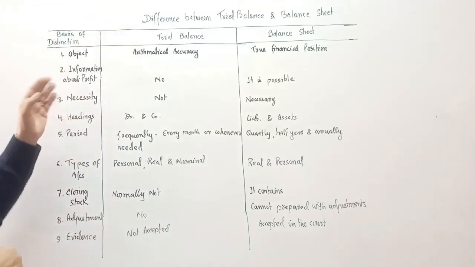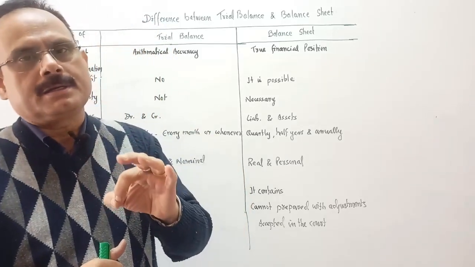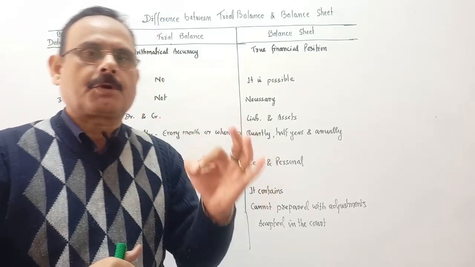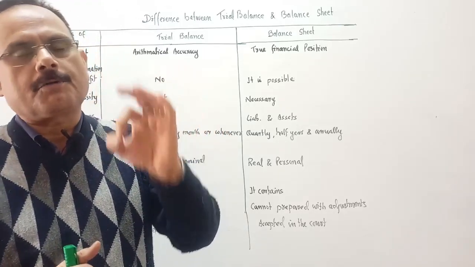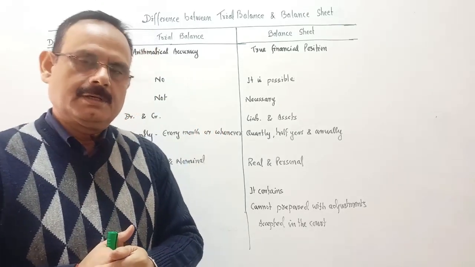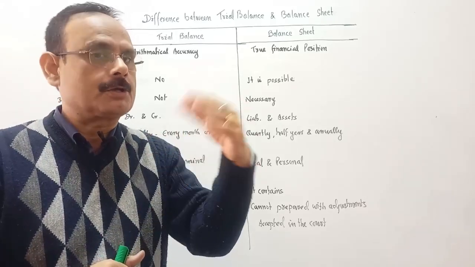Now coming to the next information, about profit. From the trial balance we cannot detect the profit. You will get no information about the profit from the trial balance, because profit information you will get from the profit and loss account.